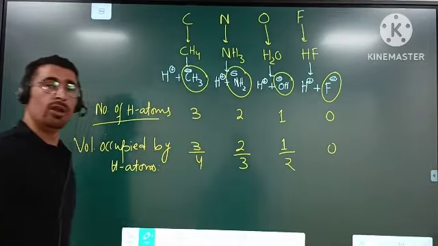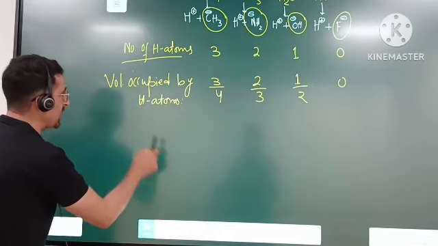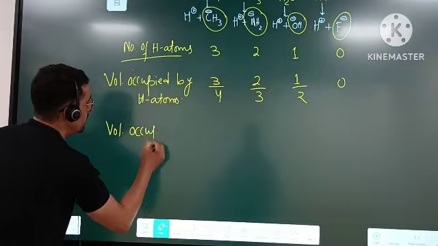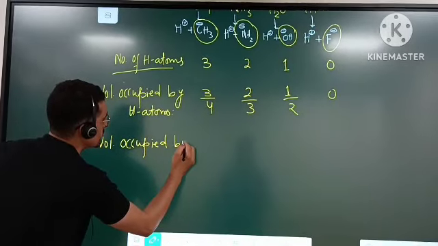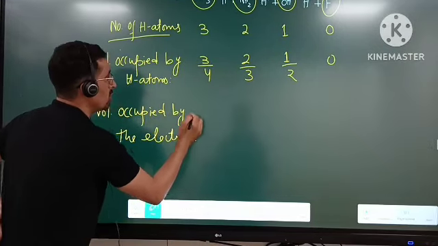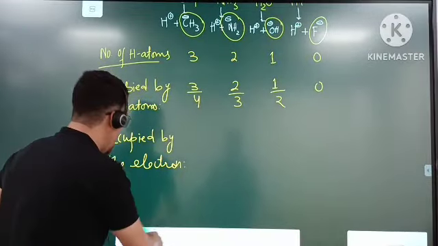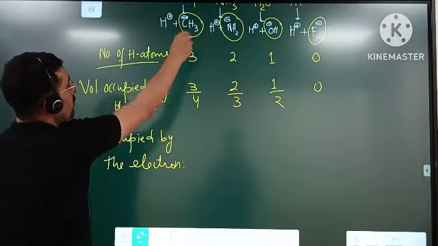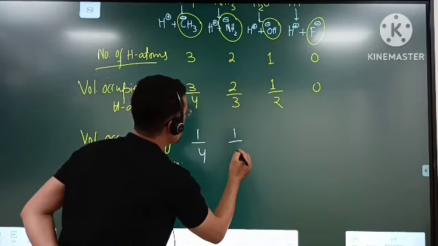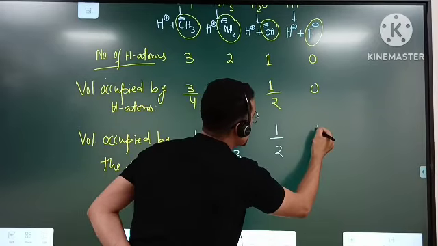Now if we talk about the volume occupied by the electron, we see that here is this single electron and the total volume is 4, so 1 upon 4; in case of NH2 it is 1 upon 3, in case of OH 1 upon 2, and in case of F 1.